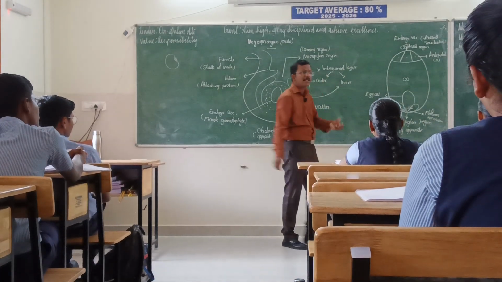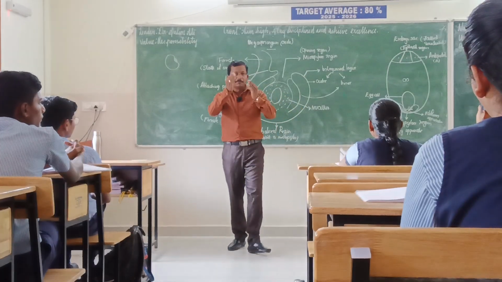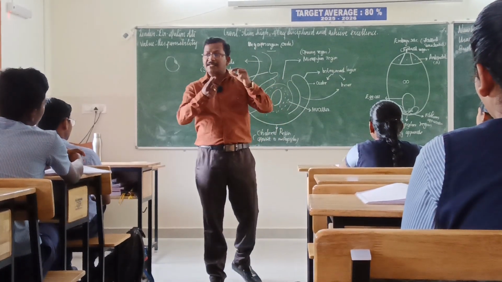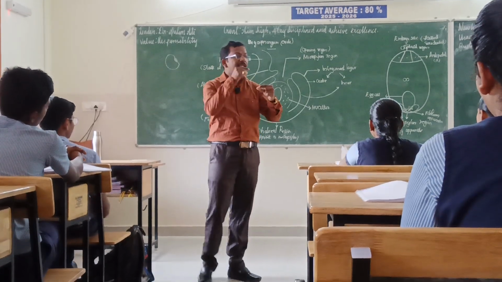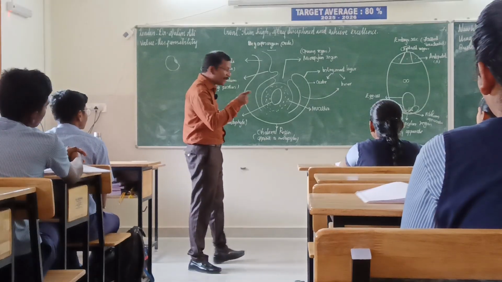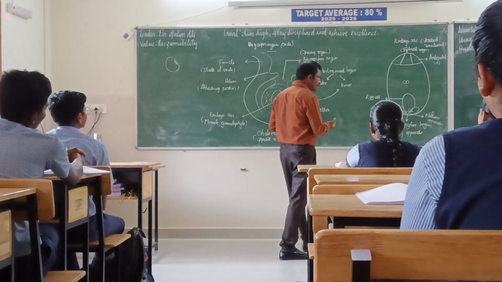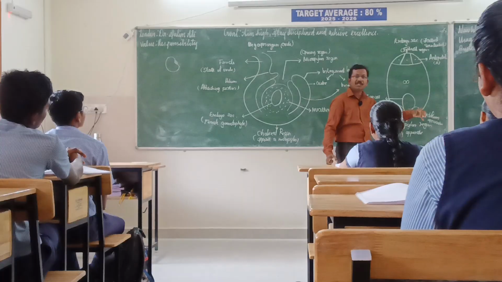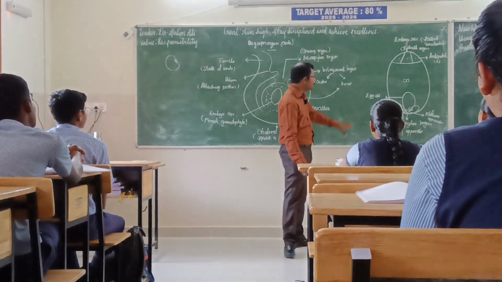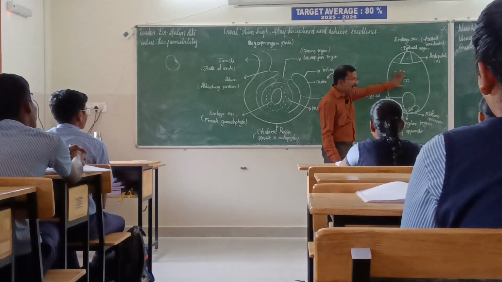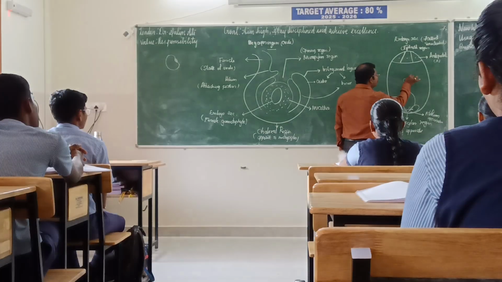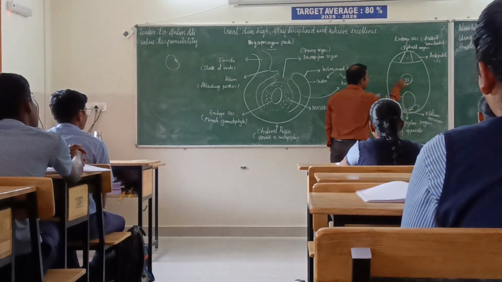During fertilization, when the male gametes are transferring from the upper region, it pushes the male gametes towards the egg cell. That is the function of the filiform apparatus. They are finger-like projections that help in fertilization by pushing the male gametes. Clear? Now, at the central side, two cells are there. Two cells fuse together to form the secondary nucleus.